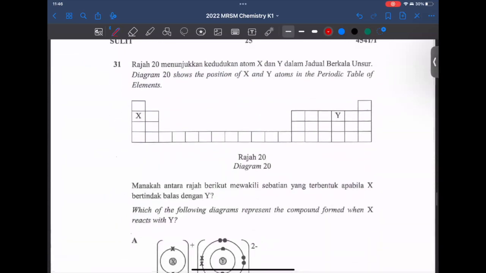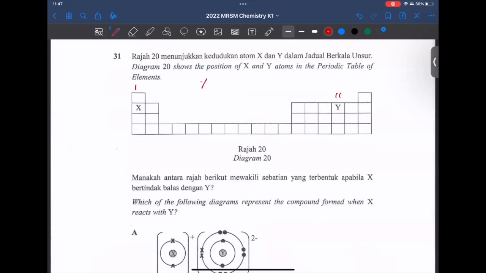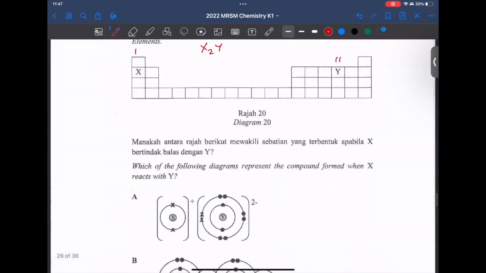31. Diagram 20 shows the position of X and Y atoms in the periodic table of elements. So we have X and Y in period 2. Because this is group 16 and this is group 1, you should have the formula X2Y. It forms a compound. Which of the following diagrams represents the compound formed when X reacts with Y?